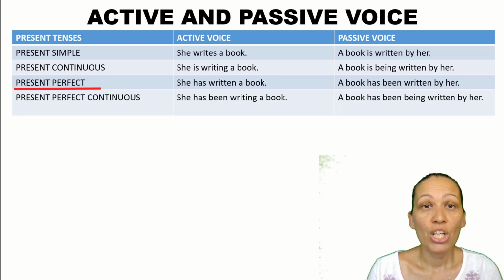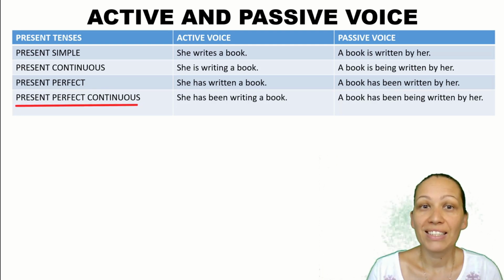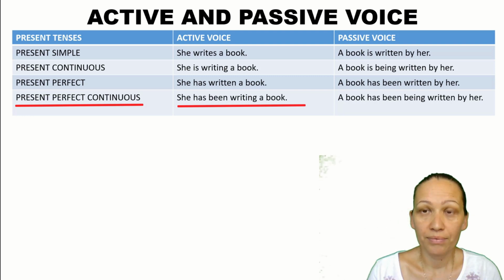Present perfect. She has written a book. In passive voice sentence, it will be a book has been written by her. Present perfect continuous. She has been writing a book. The passive voice sentence will be a book has been being written by her.